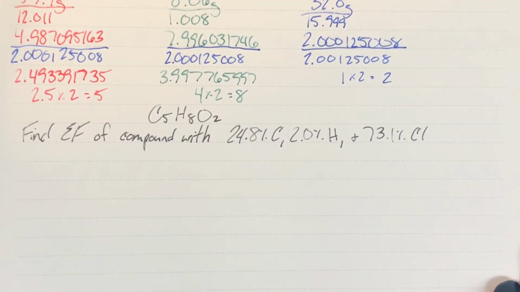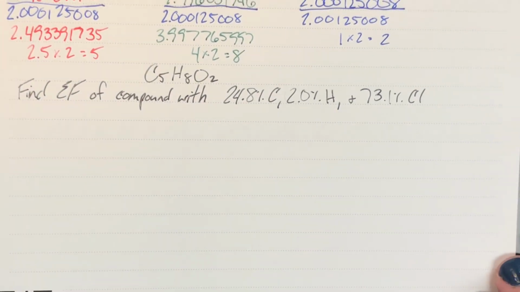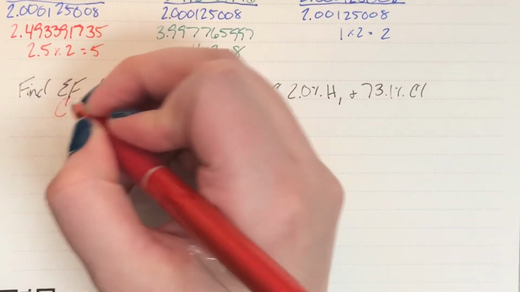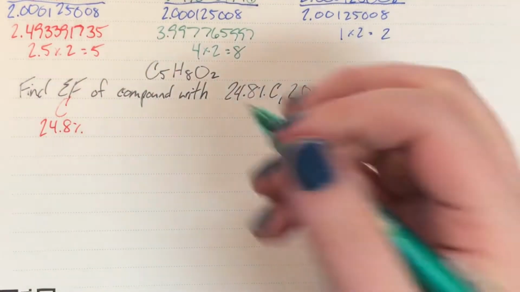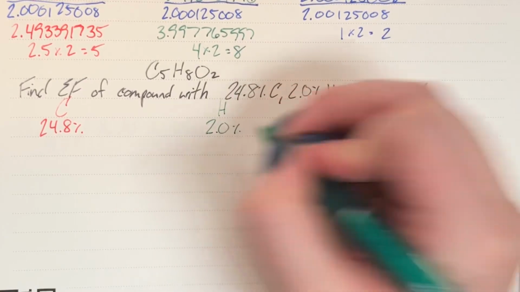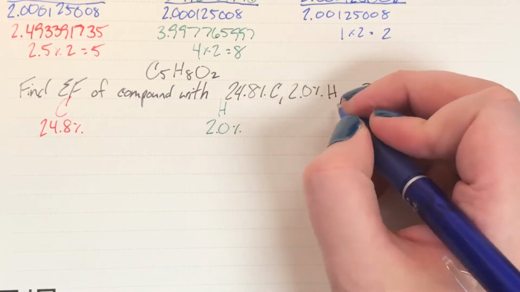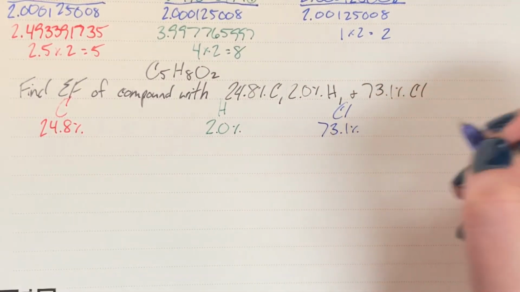And I can go ahead and move to this very last problem here. This very last problem says find the empirical formula for a compound with 24.8% carbon, 2.0% hydrogen, and 73.1% chlorine.